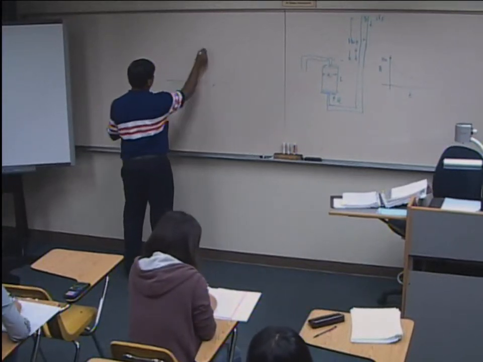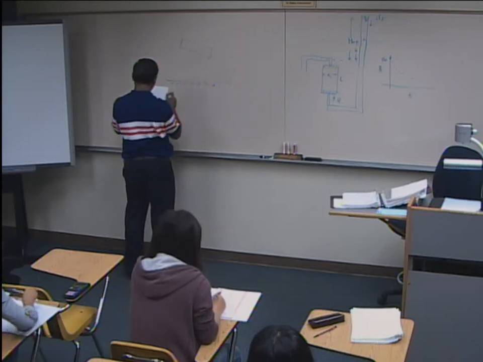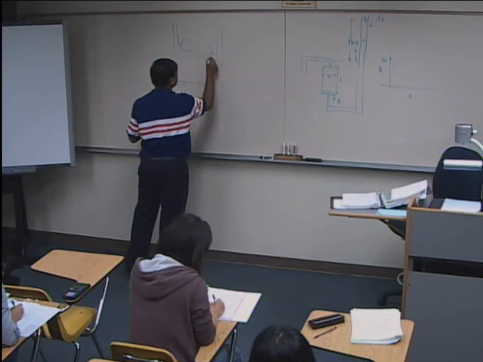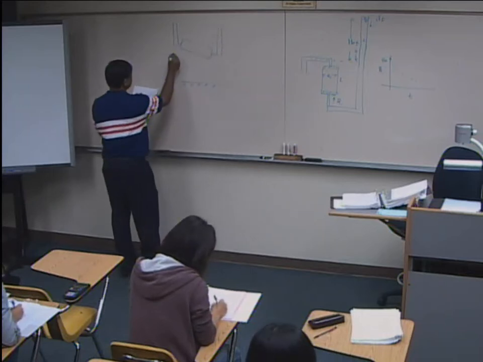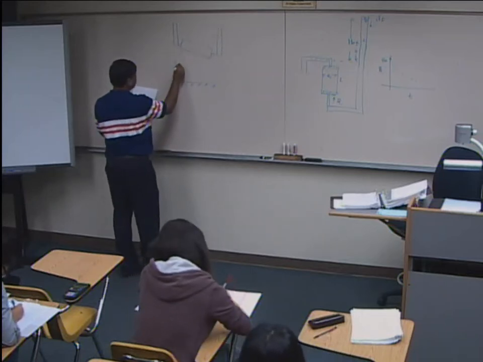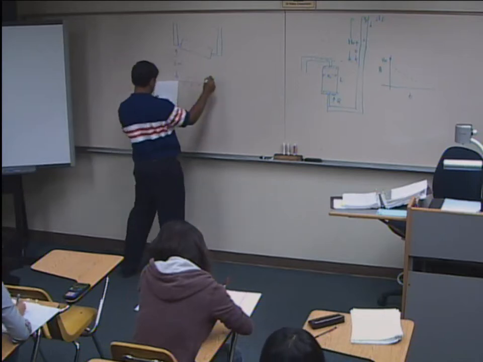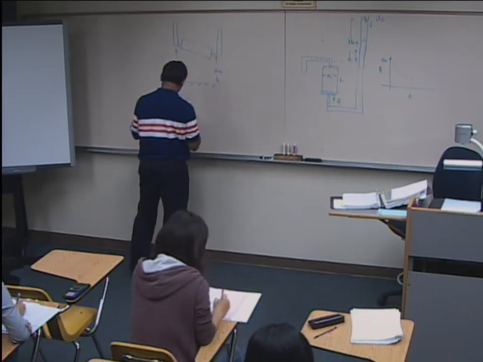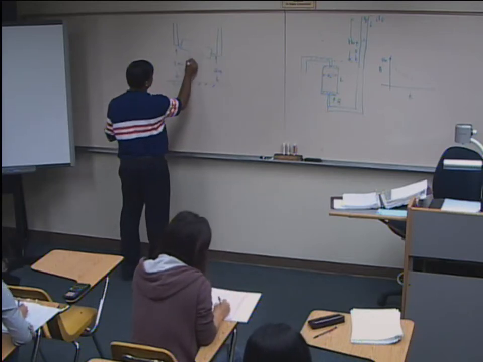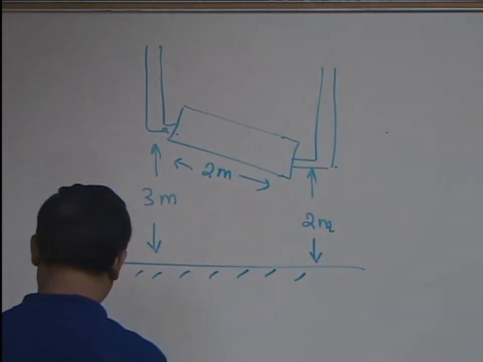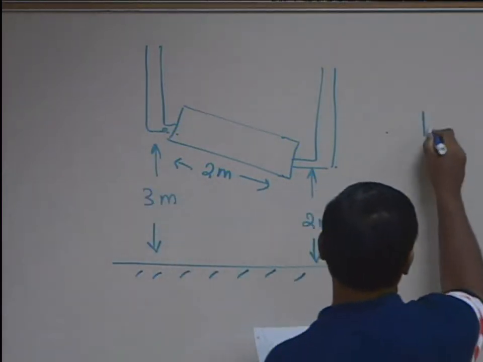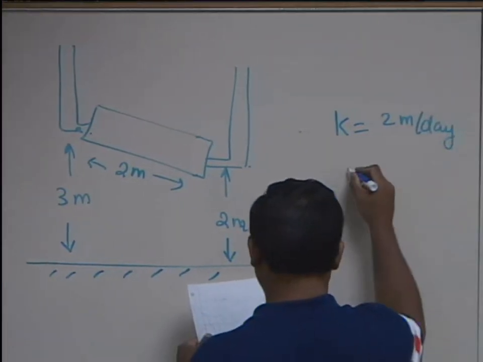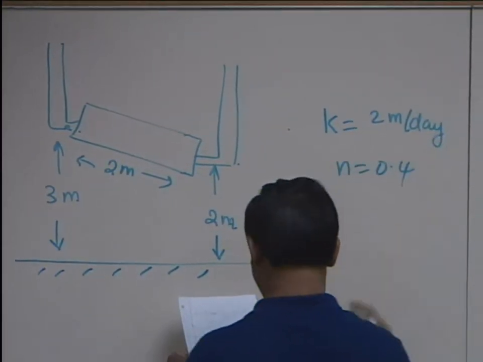Let's say I have a column which is set up this way, and this point is 3 meters, this point is 2 meters, this is 2 meters. And I think K is given. K is equal to 2 meter per day. N is equal to 0.4.